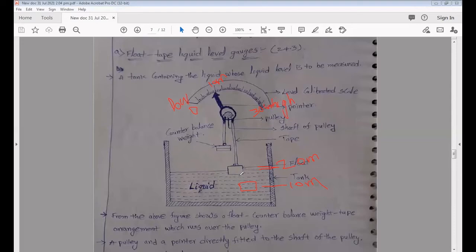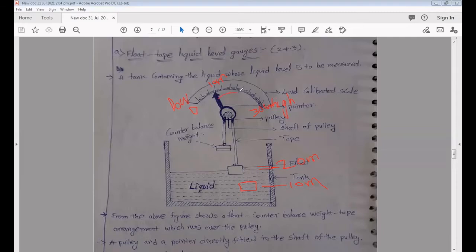Whenever the float moves upward, the counterbalance moves downward, and then the shaft of the pulley moves to the right-hand side, so the pointer also moves to the right-hand side.